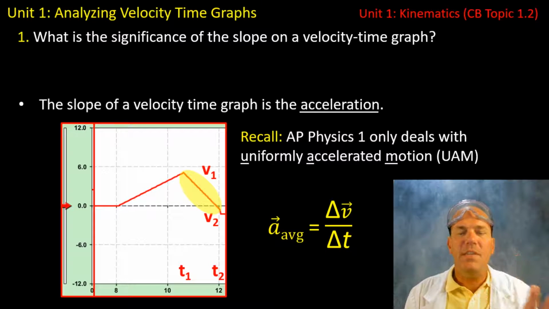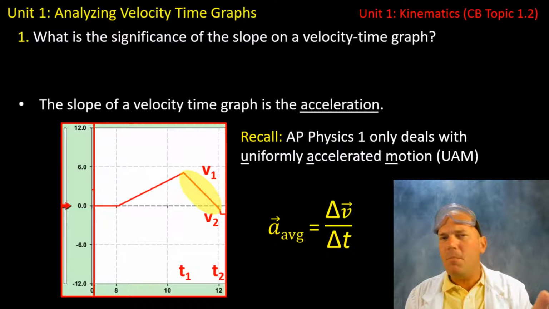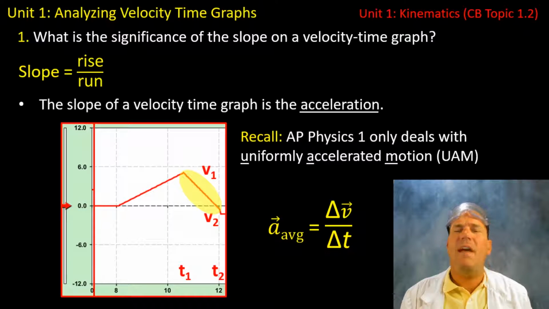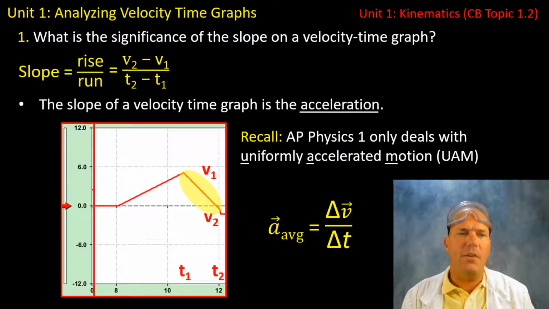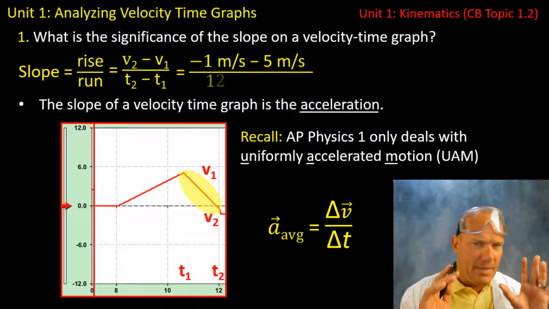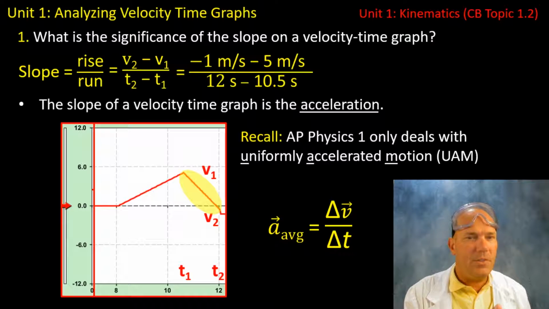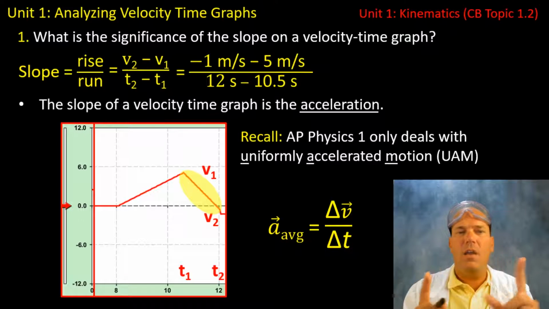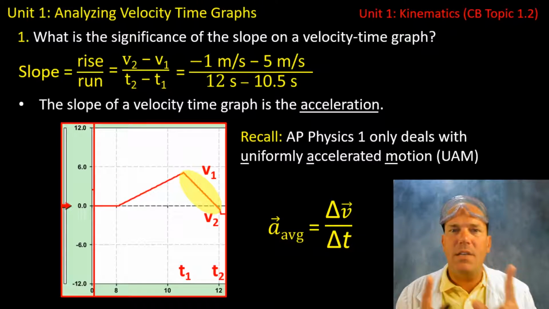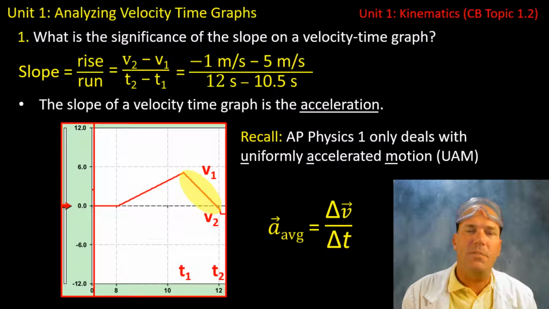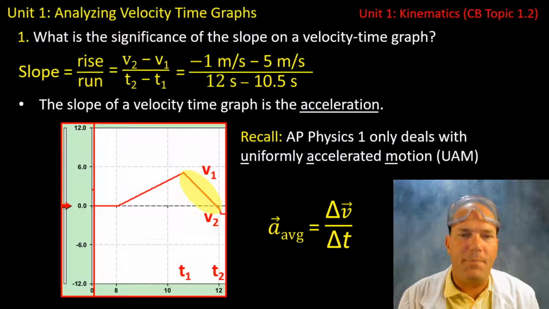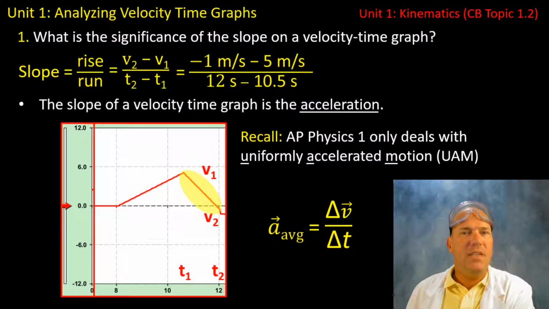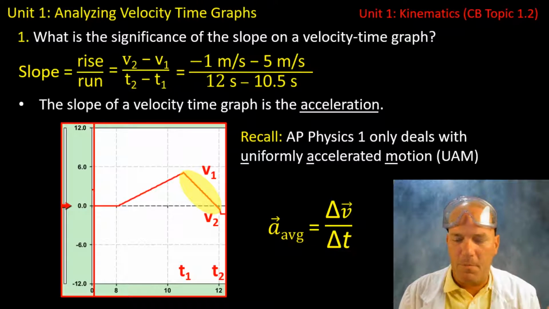Pause the video, see if you can calculate the slope. And remember, we're looking for an estimation. So when we plug in values for the rise over run in this scenario, again paying attention to signage for vector quantities, we have a negative 1 meter per second being our final velocity minus our initial velocity, which was positive 5 meters per second, divided by the change in time, which in this case was 12 seconds minus 10.5 seconds as read from the graph.